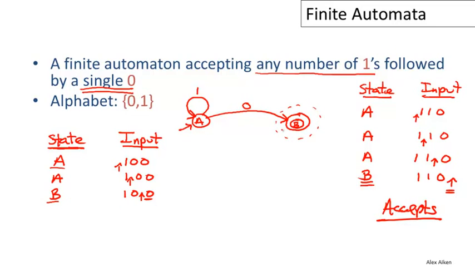There are no transitions out of B at all. And so the machine gets stuck. It can't get to the end of the input. And again, even though we're in an accepting state, we haven't read the entire input yet. And so that means the machine will reject. And so 100 is not in the language of this machine.